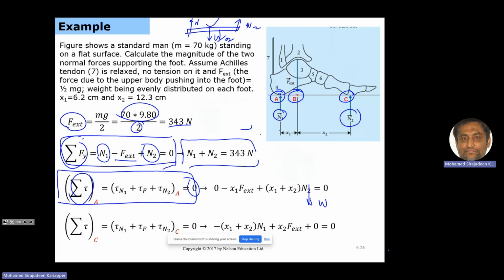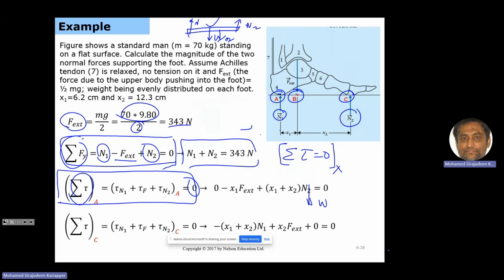So when I say net torque is equal to 0, you need to choose your point. Let me call it X now. I'm going to choose X to be equal to A, or X to be equal to B, or X to be equal to C.